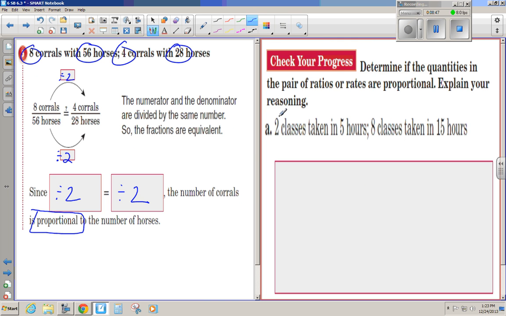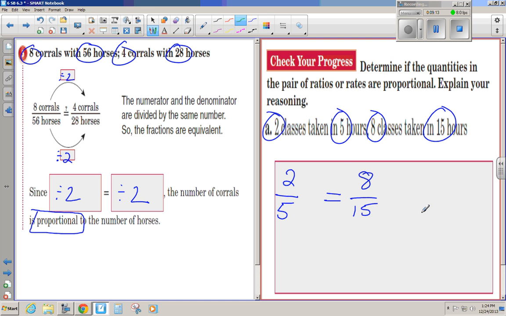All right, 2 to 5, 8 to 15. Determine if the quantities in this pair of ratios or rates are proportional. So you could try to do a unit rate if you wanted, or take a look at 2 over 5. And what do I multiply by to make it equivalent to 8 over 15?